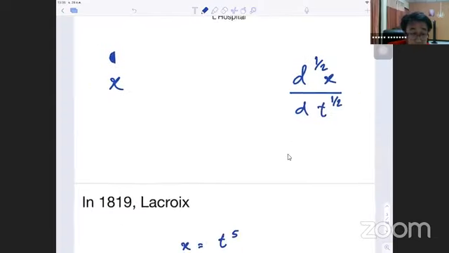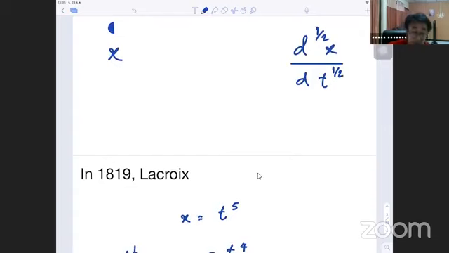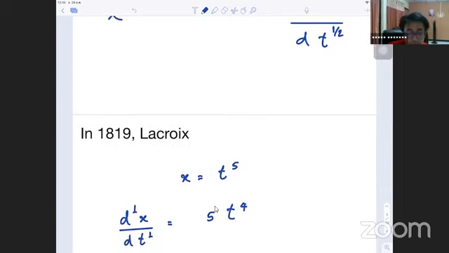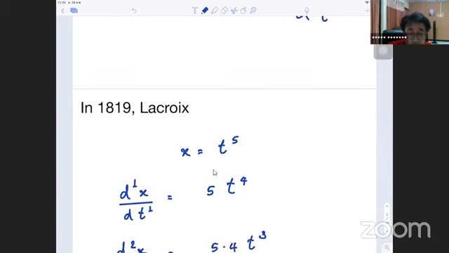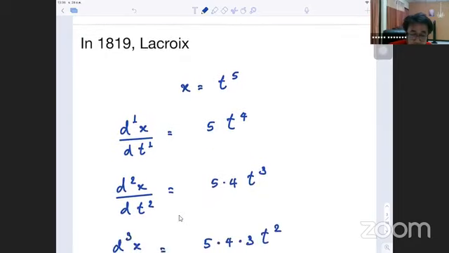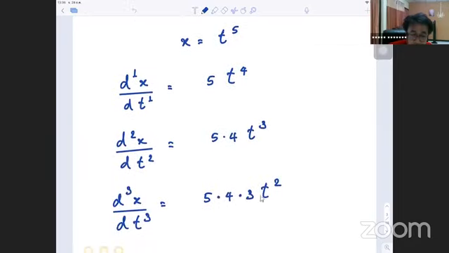And in the year 1819, Lacroix observed the derivative of a polynomial. If x equals t to the 5, the first derivative is equal to this, the second derivative equals this, and the third derivative equals this.